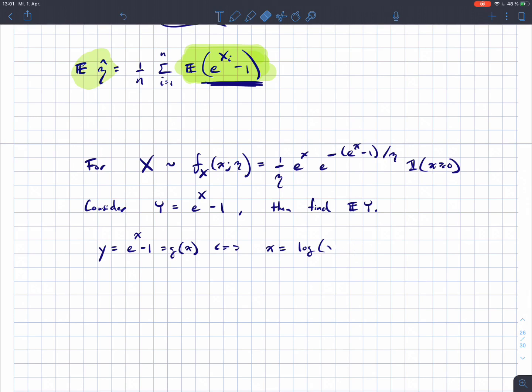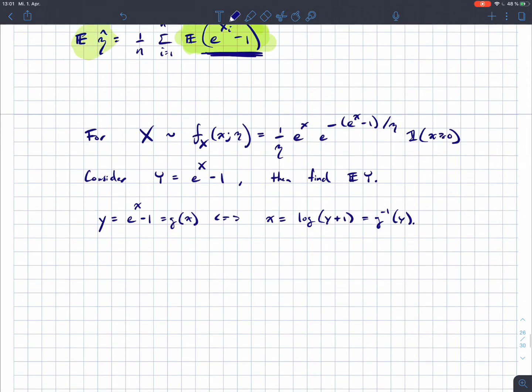If I add 1 to both sides, and then take the log. So this is like my inverse function. And in addition, d by dy of my inverse function is d by dy log of y plus 1, which is 1 over y plus 1.